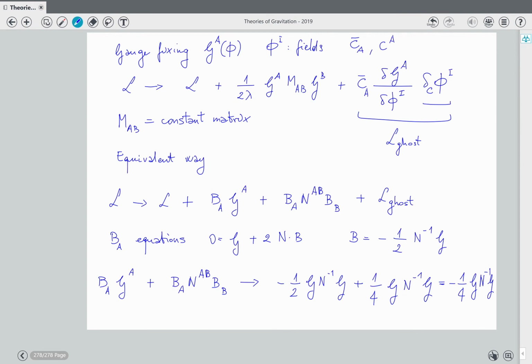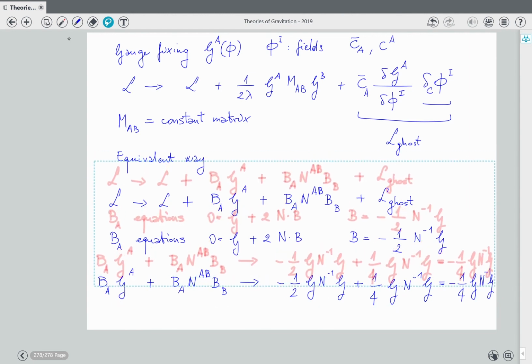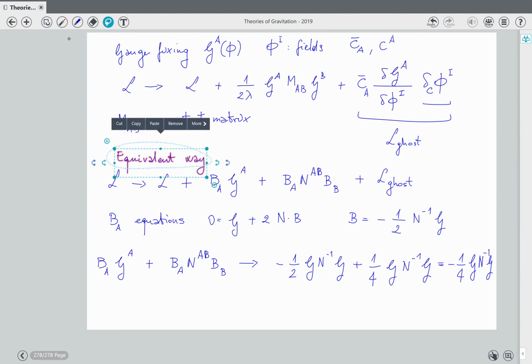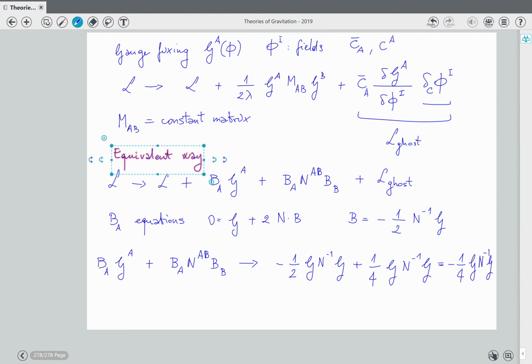M divided by 2 lambda must be equal to minus n minus 1 divided by 4, or n minus 1 is equal to minus 2 over lambda m, or n is equal to minus lambda over 2 m minus 1.